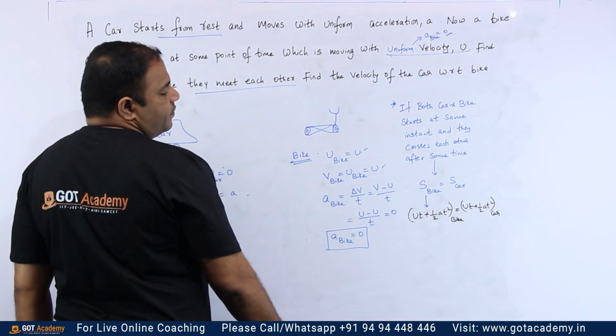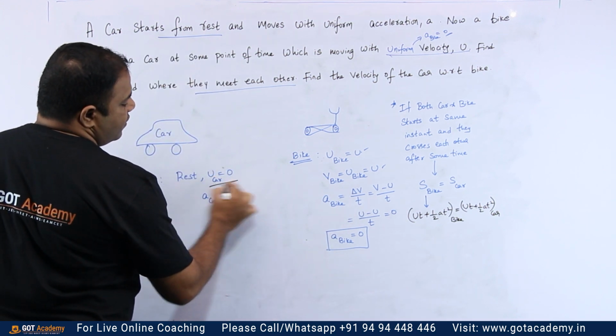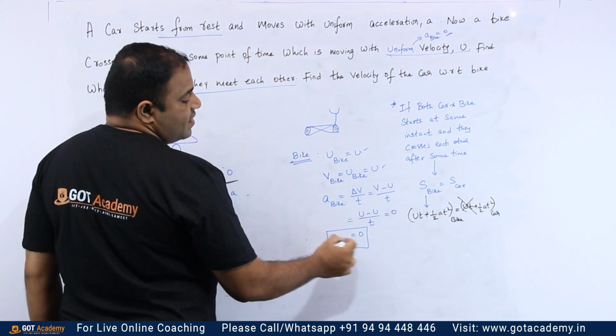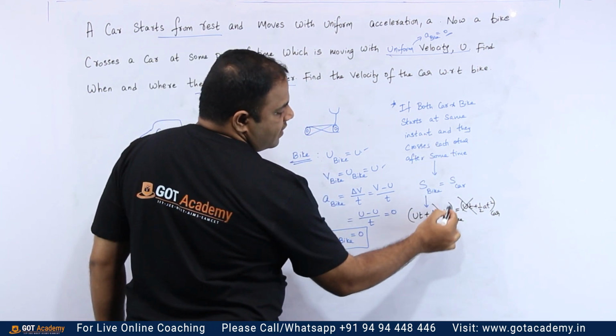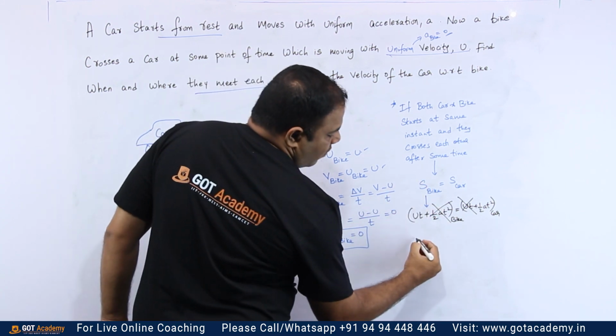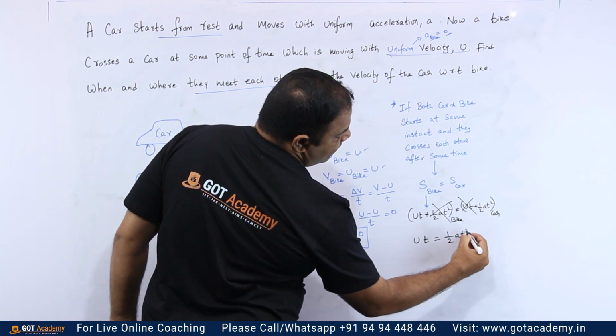Now, I mentioned that the initial velocity of the car is 0, so the u of the car is 0. And the acceleration of the bike is 0, and 0 times anything is 0. So what remains is u into t equals half a t square.